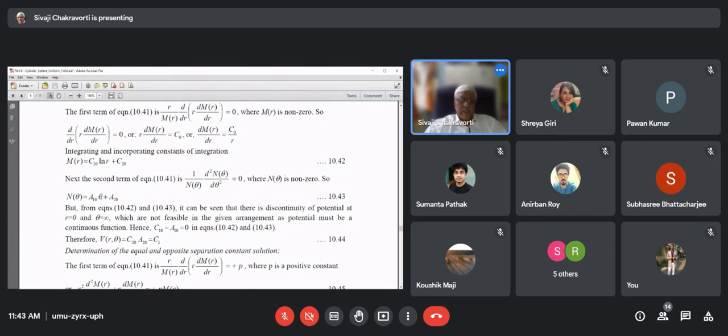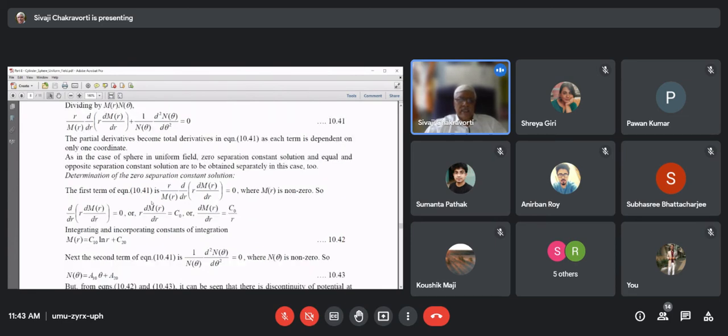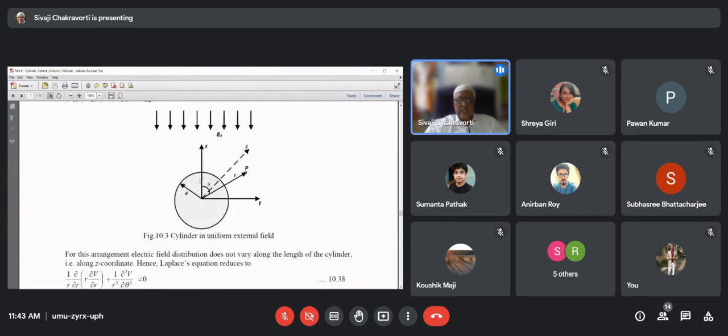But even then, this point is well defined. If you even rotate it 100 times or infinite times, this point remains the same at a particular location. So there is a field at that location. But if theta becomes almost infinite, then equation 10.43 becomes undefined. So we take this first term A10 as 0. Otherwise, we can't get the solution.